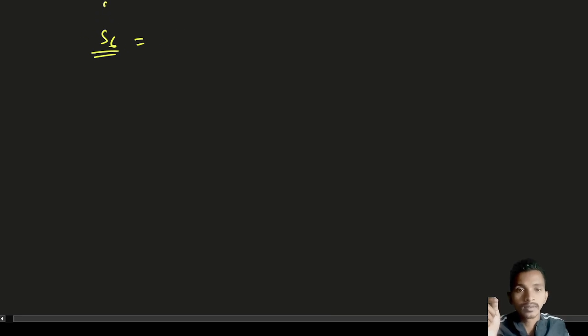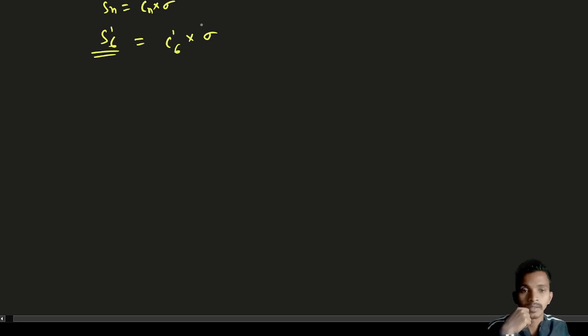So we know that Sn means sigma followed by Cn. So this I can write Cn, with n equal to 6 into this one. And if I write that 1, then I have to write 1 and 1.